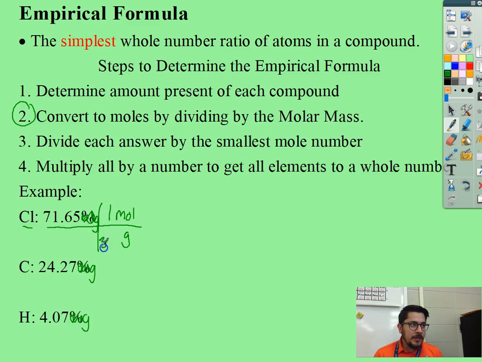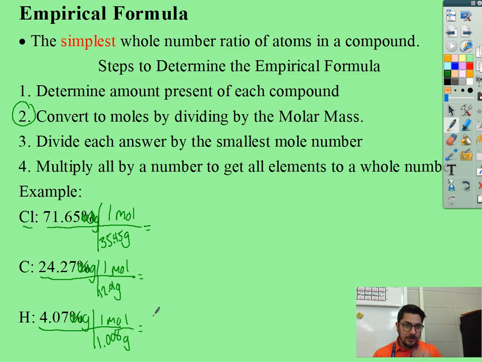If you look on the periodic table, chlorine is 35.45. And I'm going to do that to each of them. Carbon, I want to change it to moles, so grams, I'm going to convert it to moles. 1 mole is equal to 12.01 grams. And same thing with hydrogen. Hydrogen would be 1.008 grams, and I'm trying to change it to moles.